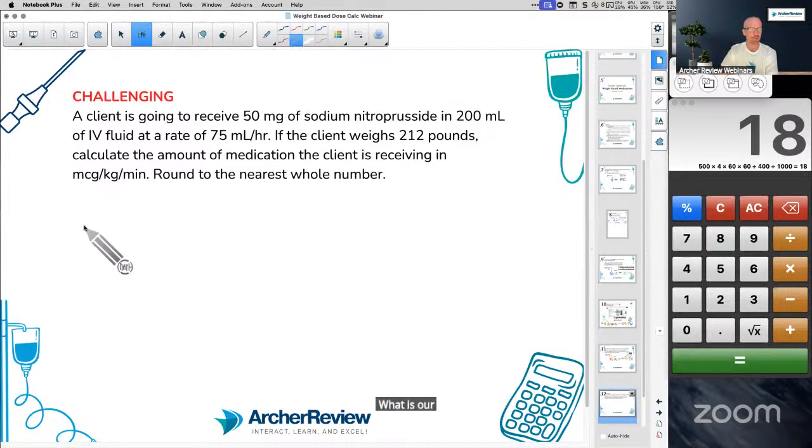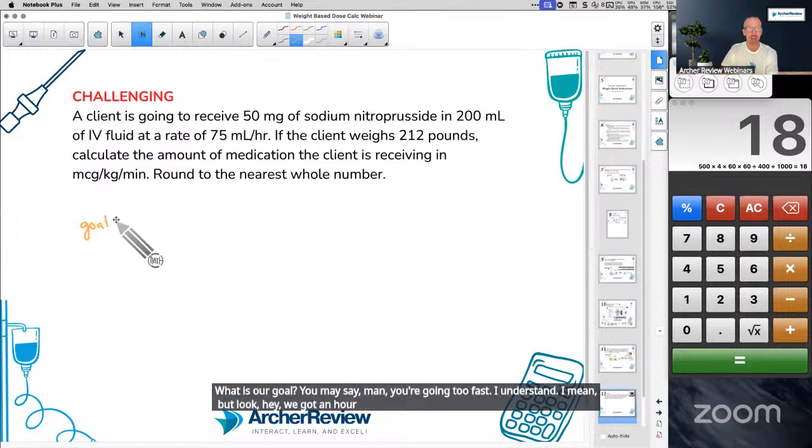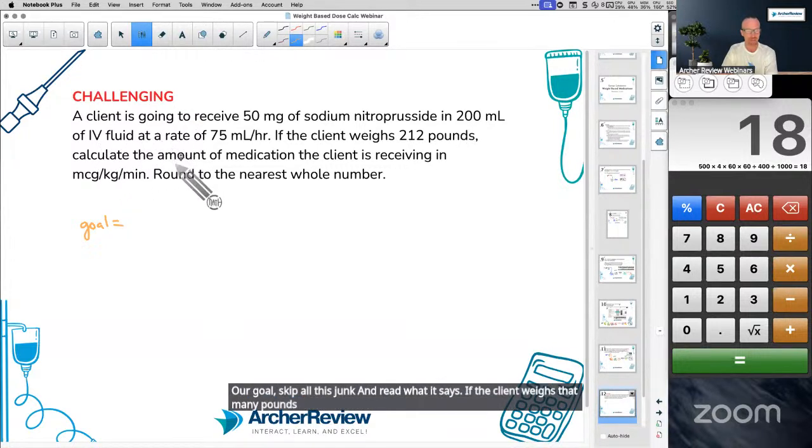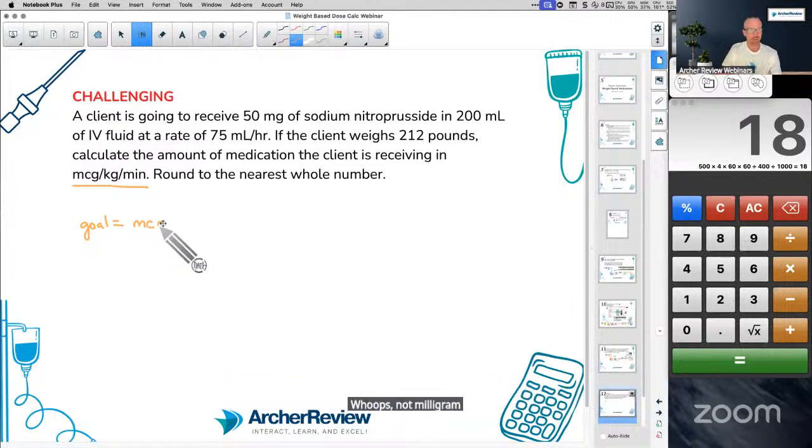If the client weighs that many pounds, calculate the amount of medication the client is receiving in micrograms, whoops, not milligrams, micrograms per kilogram per minute. I call this building the double slash.